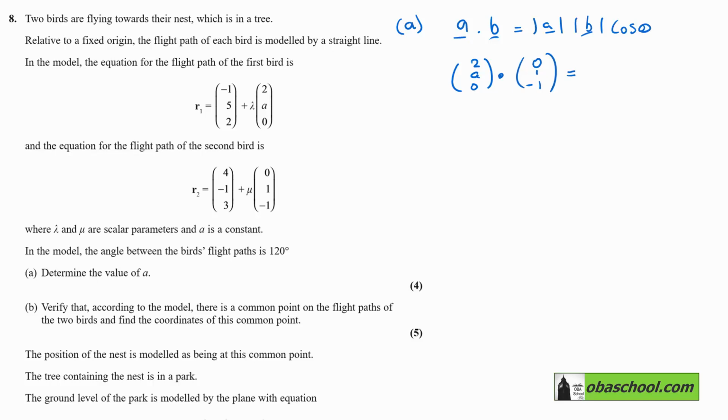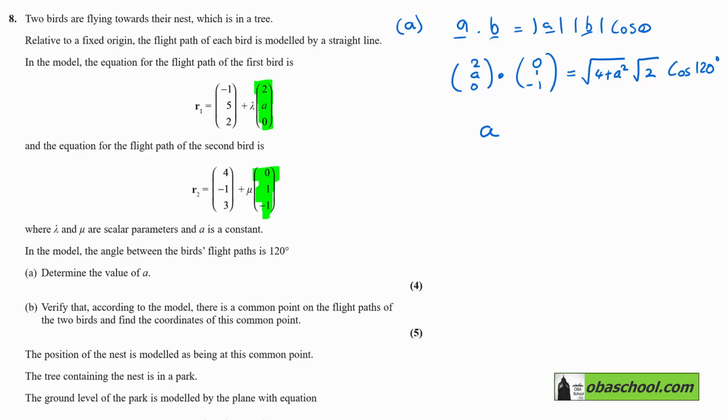Remember, we are only looking at the directions here. So that is going to be the square root of 2 squared plus a squared, and then we'll have the square root of 1 squared plus 1 squared, and then we have the cosine of 120 degrees.